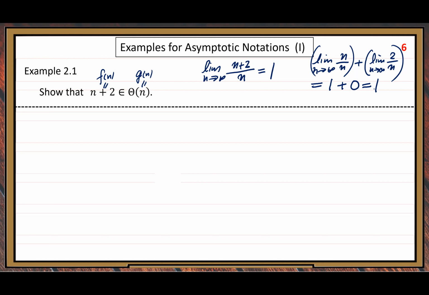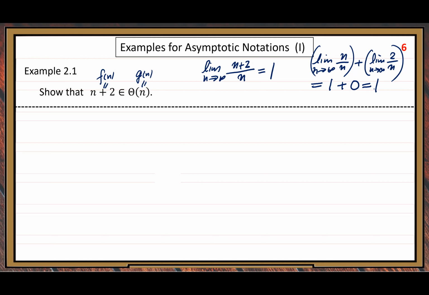But here, although the limit way is very simple, in order to do some practice using the definition, I would like to prove this question using the definition, upper bound, lower bound. For this big theta, we need to find C1, C2, and also a non-negative integer n0.